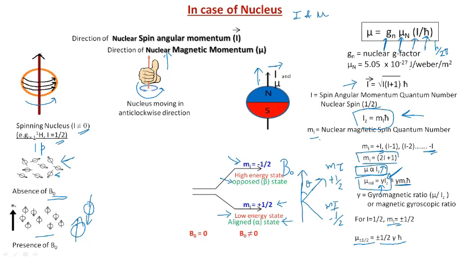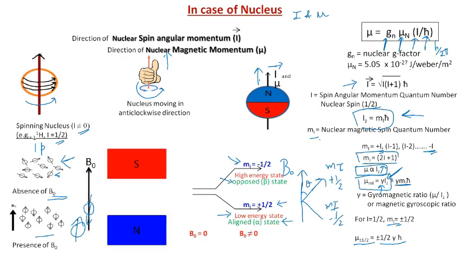This is a bit confusing because it is difficult to understand why this aligned and why this opposite state is taking place. So to have a better understanding, we will consider this figure.